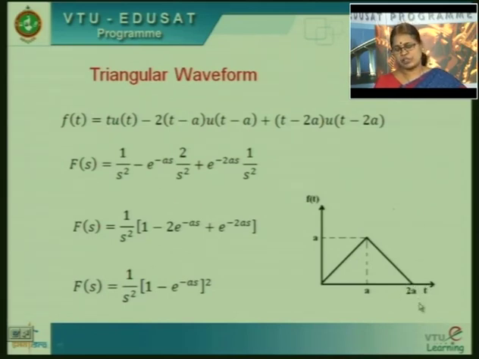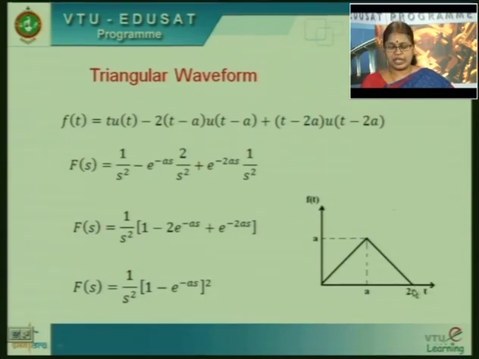So, this is a ramp which has a negative slope, and its slope is minus 1, and this ramp will continue even after t is equal to 2a, but our aim is to make its magnitude 0. So, what should I do? To make this negative ramp 0, I need to add another ramp at this point 2a, whose slope is plus 1.